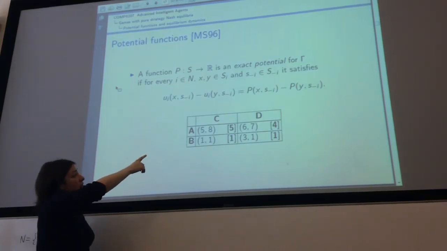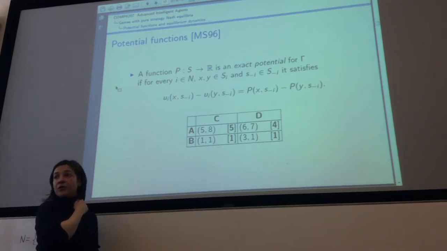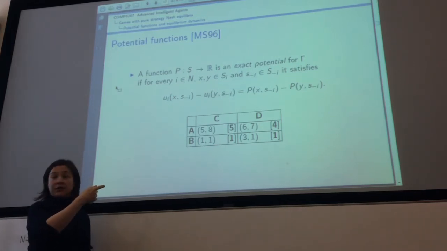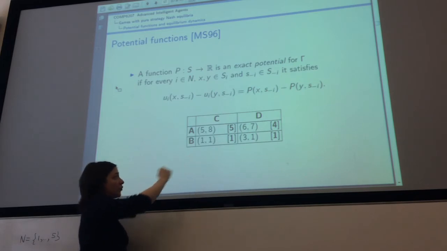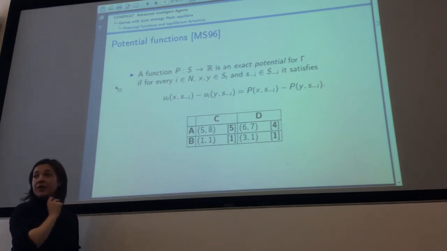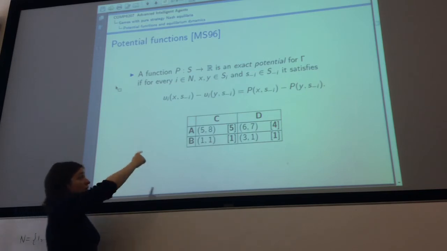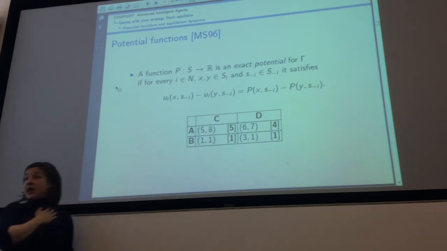Now from BD to AD, the first player changes his strategy, his utility grows by 3, and so the potential function must grow by 3, so it becomes 4. And then back from D to C, the second player changes his strategy, his utility grows by 1, and so the potential function grows by 1. Okay. So in this game, indeed, such a function is possible to construct.